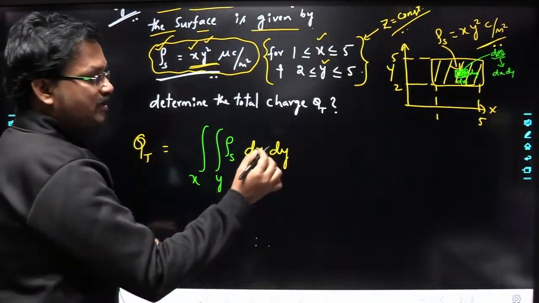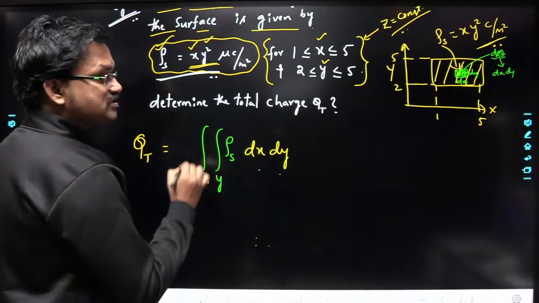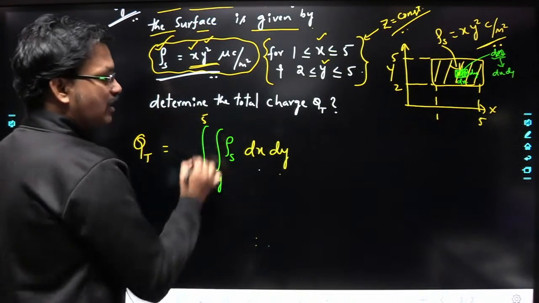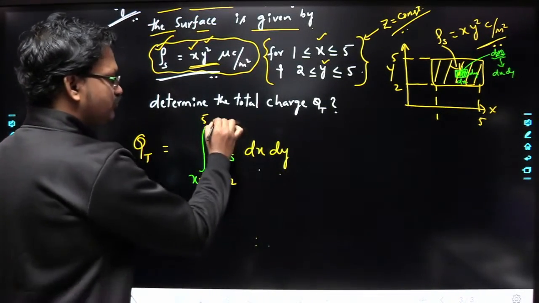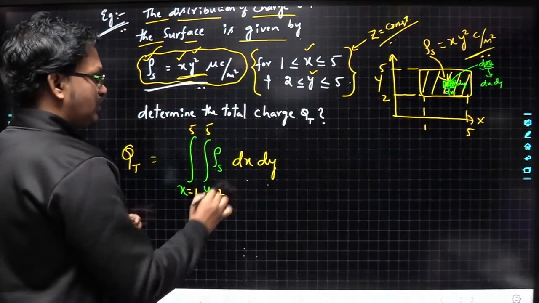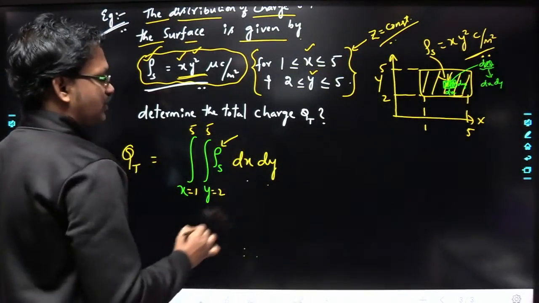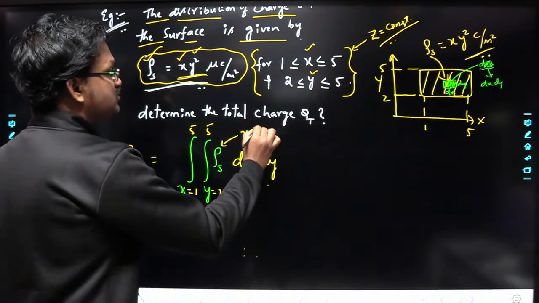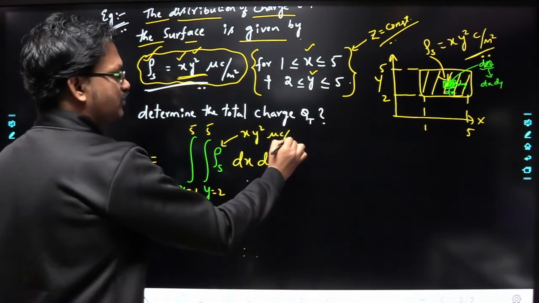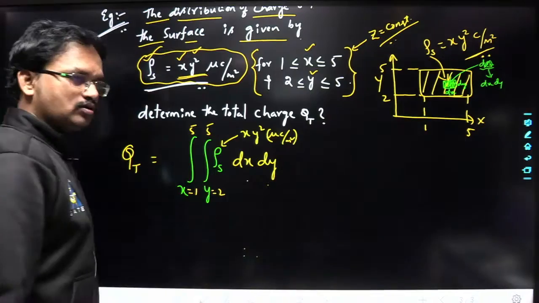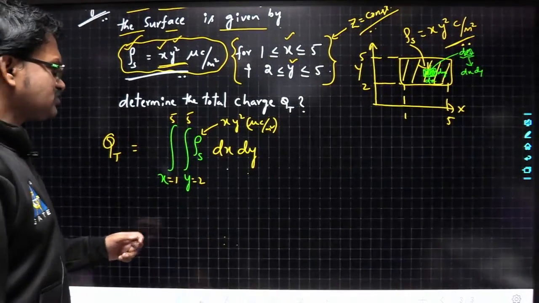Now x is varying from 1 to 5 and y is varying from 2 to 5. They have given the rho s value equal to xy square microcoulomb per meter square. Now solve this integration.